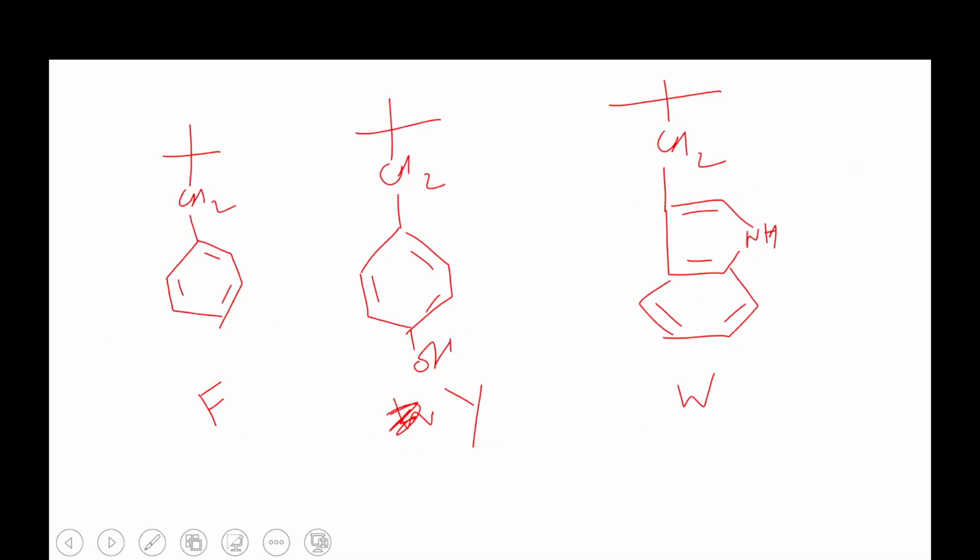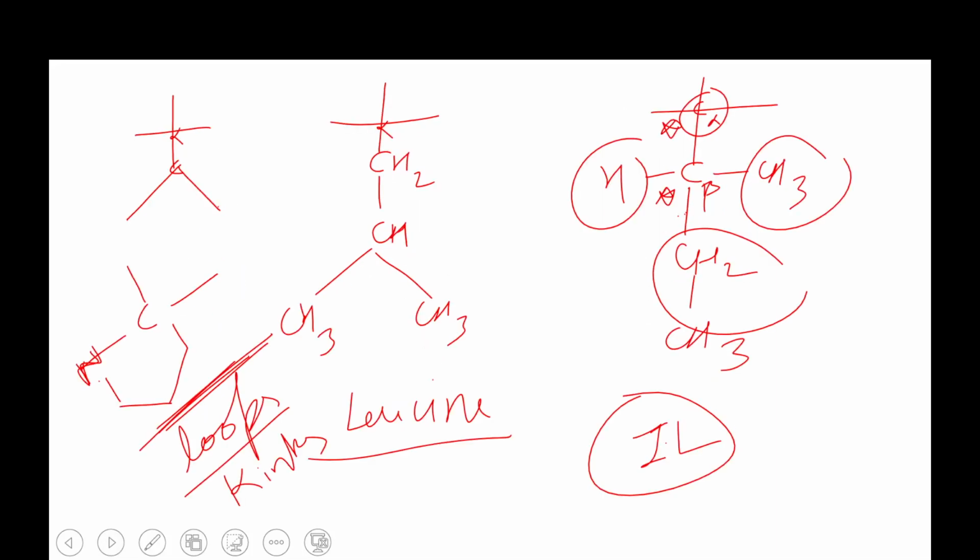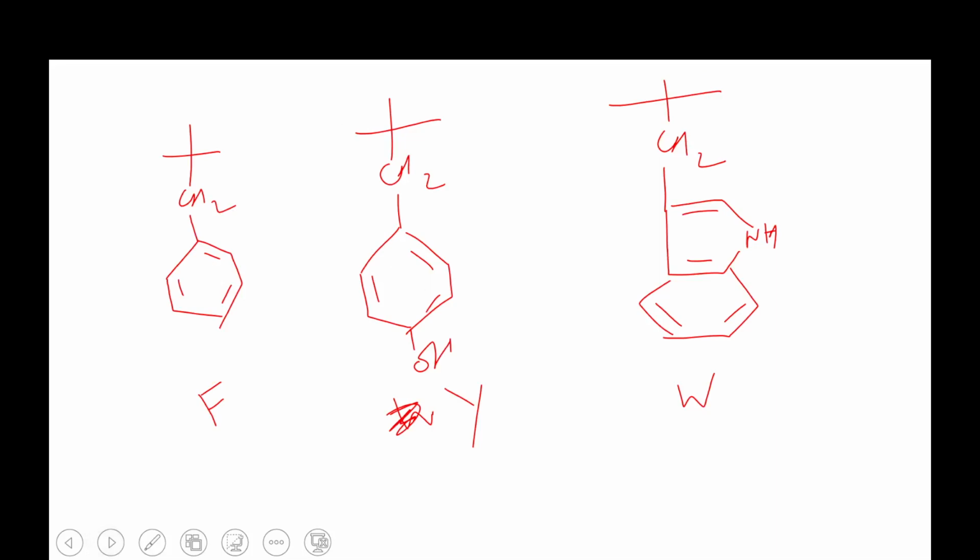The aromatic amino acids absorb the maximum light at 280 nanometer wavelength. Among all the different amino acids, these absorb the maximum light. So for detection of protein in a sample, these are the amino acids responsible, because you can simply take the absorption at 280 nanometer, and if these amino acids are present, it will give you a strong absorption, and that will tell you the concentration of the protein.